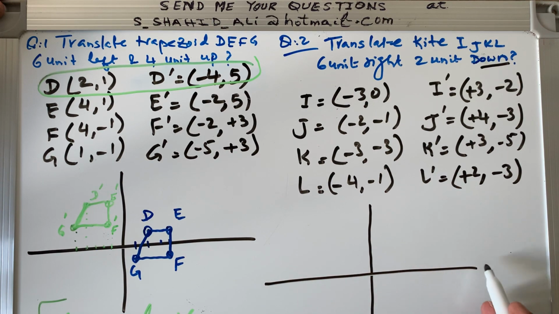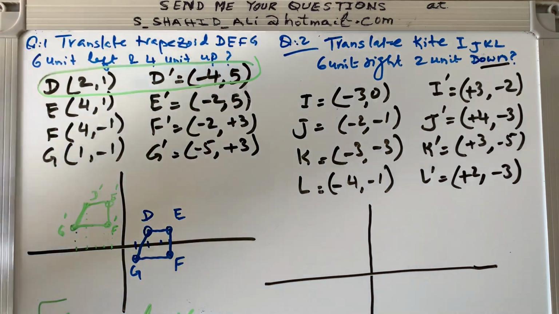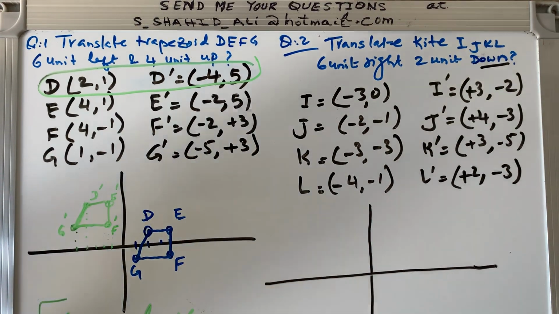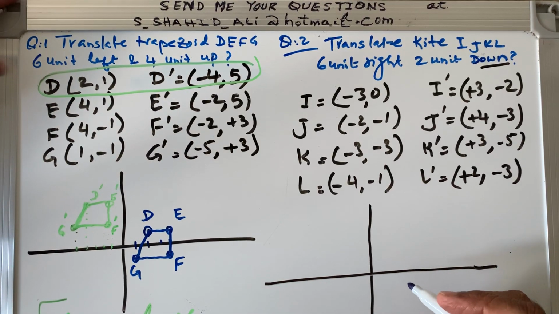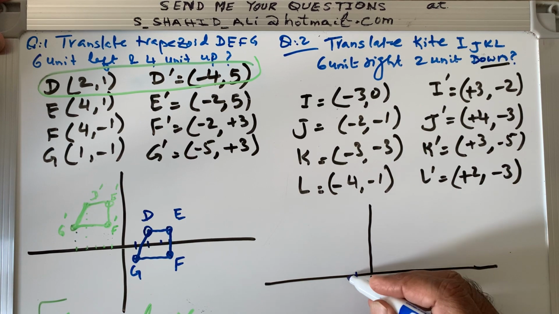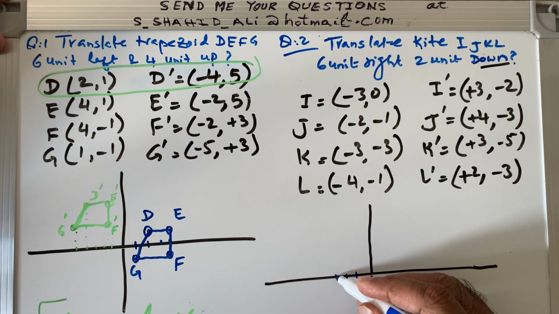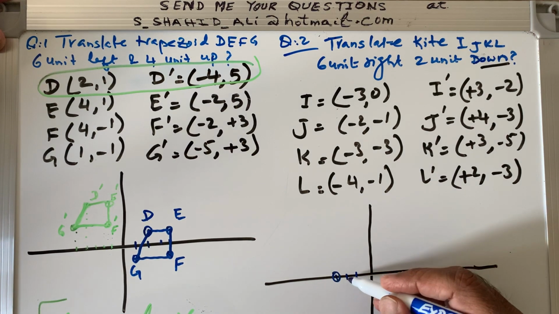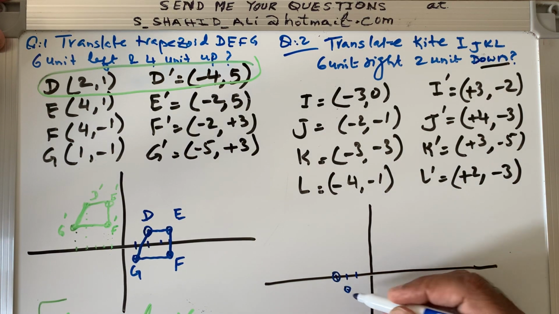Now we can draw the two figures, right? The first figure is at -3, 0. So I is somewhere here: 1, 2, 3, -3 and 0. So it remains here. Next is -2, -1, which is here.